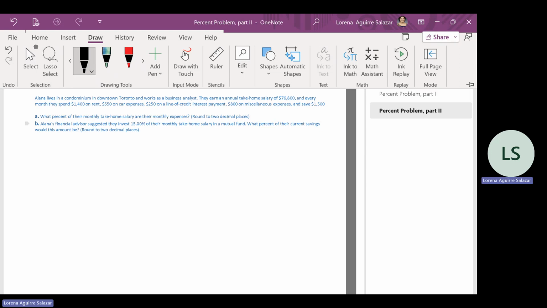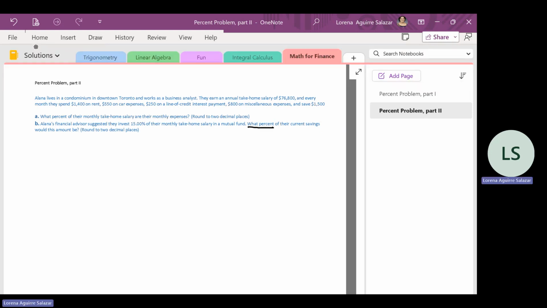What percent, again, we try to find a rate, what percent of their current savings would this amount be? And what comes after the word of is the whole. So their current savings is the base. Would this amount be? That amount is the portion.